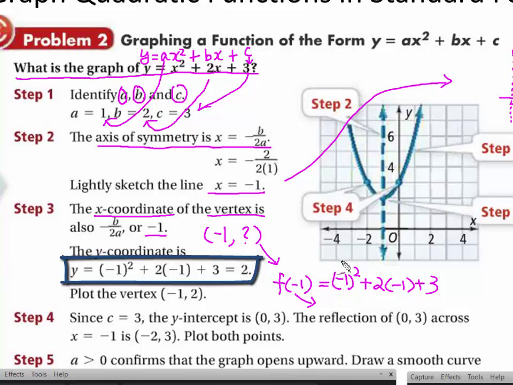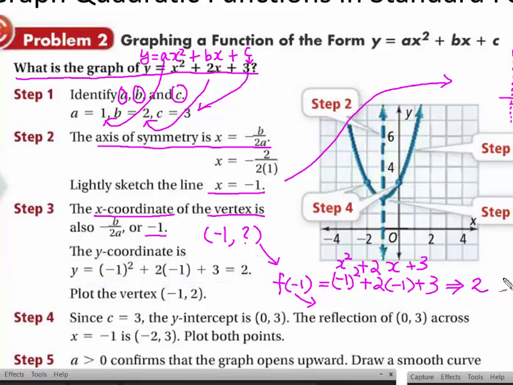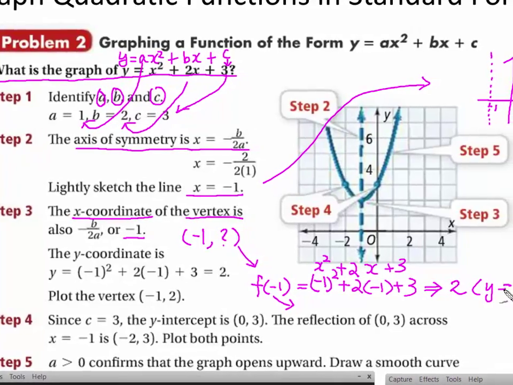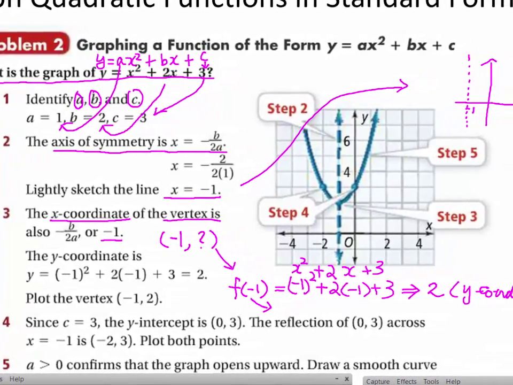So if you cannot see clearly, I just put it up here to let you see. That is the original equation, and all I did is change the x values to negative 1. So if you evaluate them, it's equal to 2. This is the y-coordinate of the vertex.